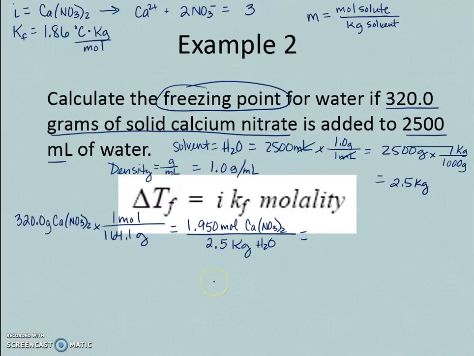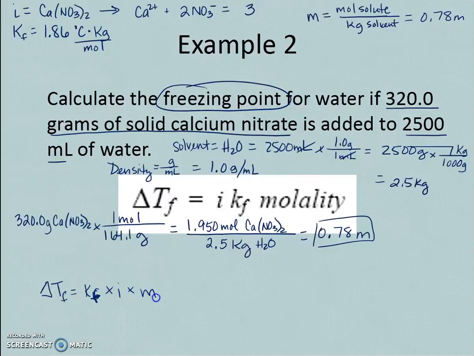When we plug that into the calculator, 1.950 divided by 2.5 is equal to 0.78 molal. Now, that's not our answer. Remember, that's just our molality. Now we've got to plug all that into delta T equals Kf times i times m.